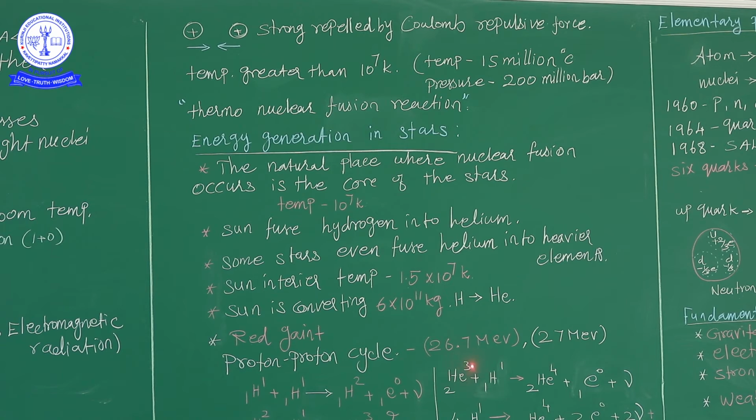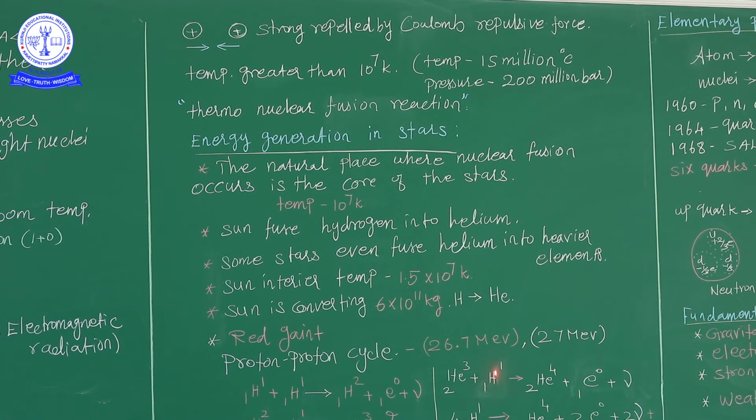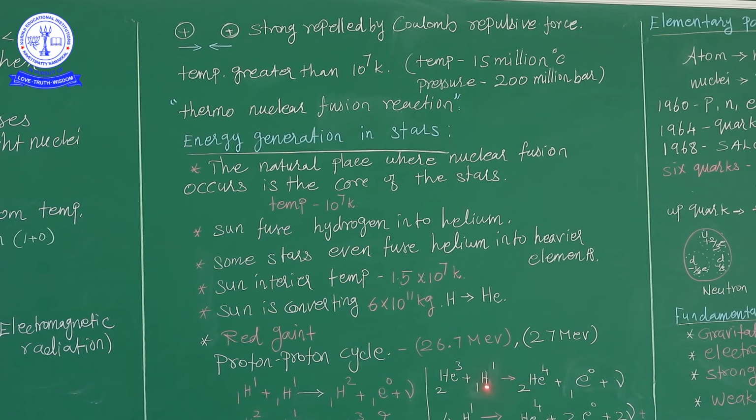In the next step, there are a number of reactions possible in the third step. This is the third step. Here the helium recombines with a proton. The positron and neutrino will be emitted at that time, and the helium will be produced. This is the helium.